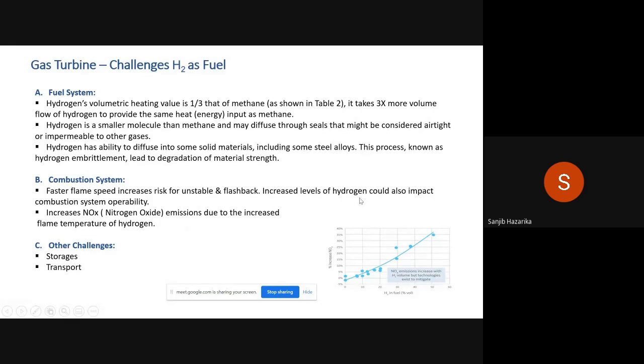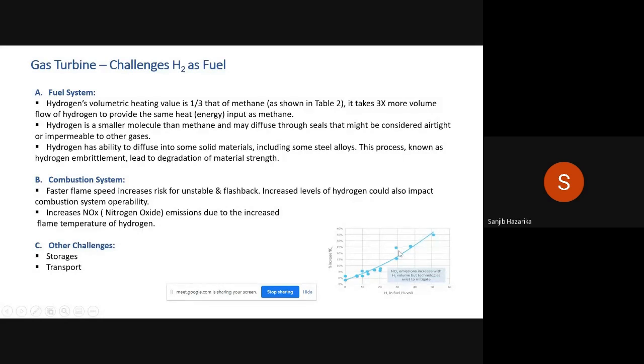So when we do combustion at a very high temperature, the nitrogen and oxygen react and produce nitrogen oxide. And most governments across the world have very strict regulations on how much NOx a power plant can produce. It says typically 15 ppm or 25 ppm. So when we burn so much hydrogen, we need to take care of that as well.